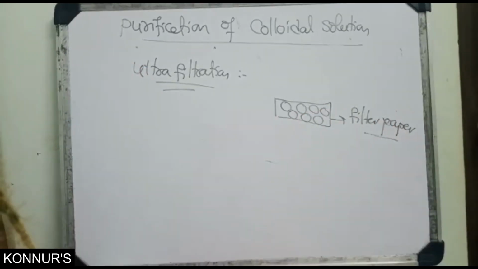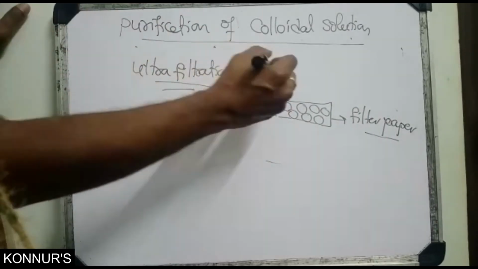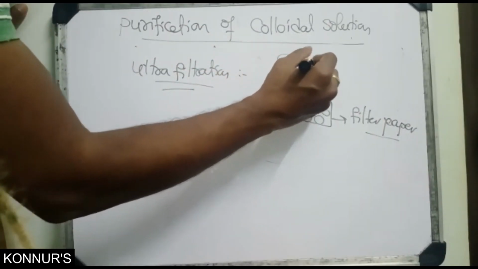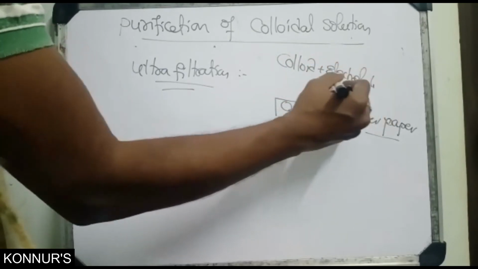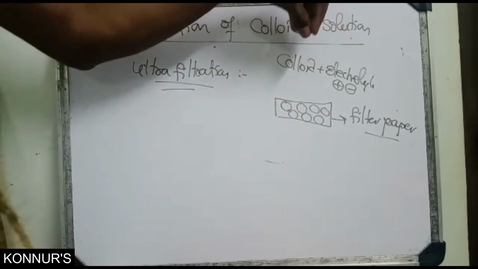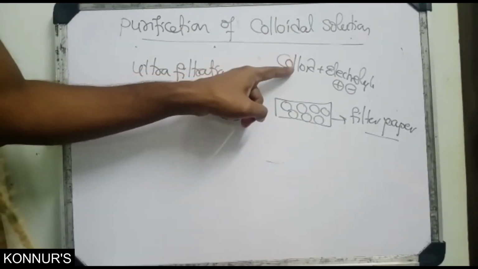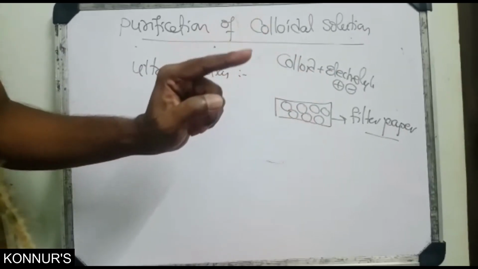So what happens? Colloid plus electrolyte are mixed, and we want to remove this electrolyte. Suppose you take ordinary filter paper and put the colloidal solution, the colloidal particles also go through these holes, and electrolytes also go through.